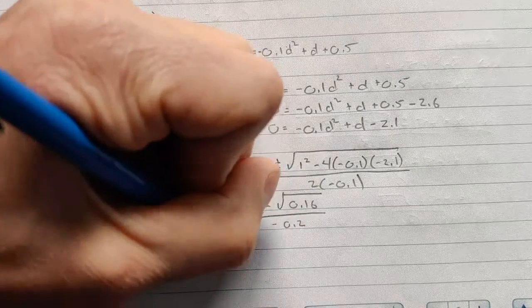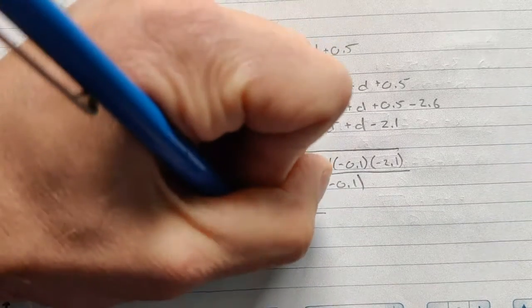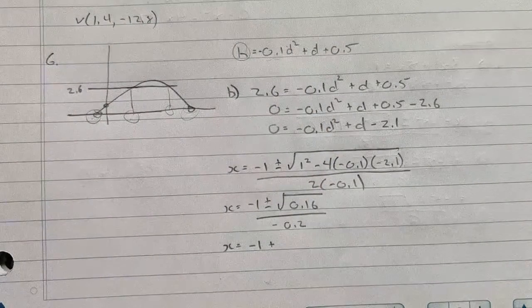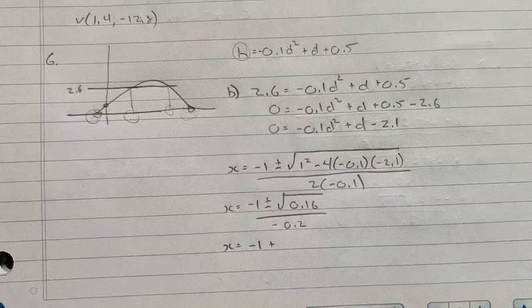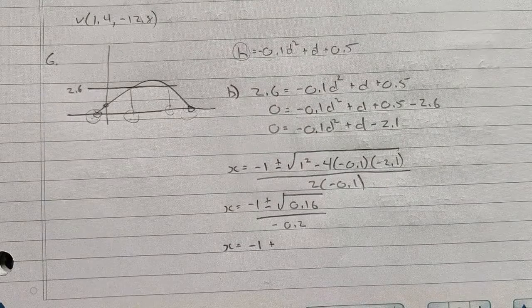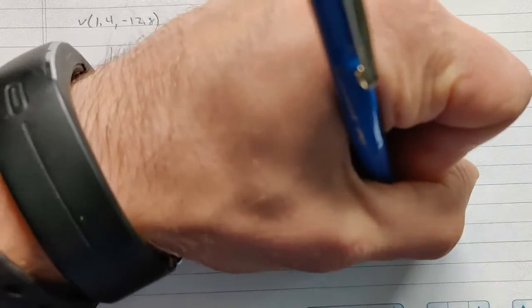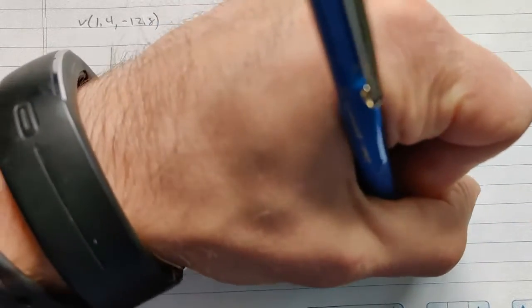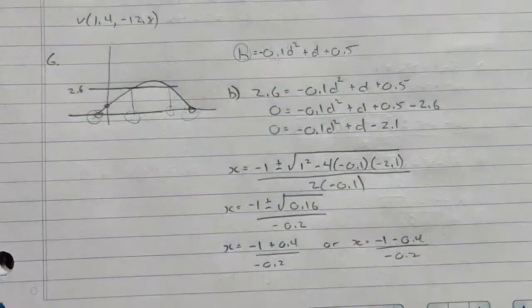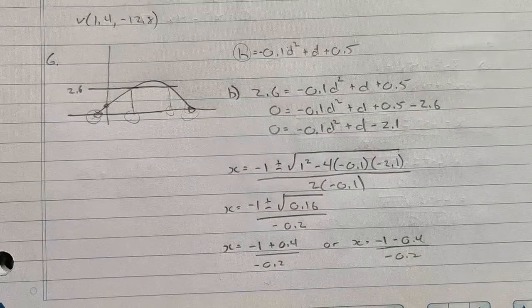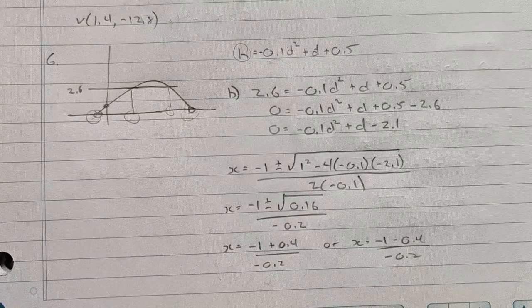So let's actually calculate that. 1 plus the square root of 0.16, which is going to be 0.4 over negative 0.2, or x equals negative 1 minus 0.4 over negative 0.2. And so we calculate both of those out. That'll give us our values. So we got negative 1 plus 0.4 divided by negative 0.2.